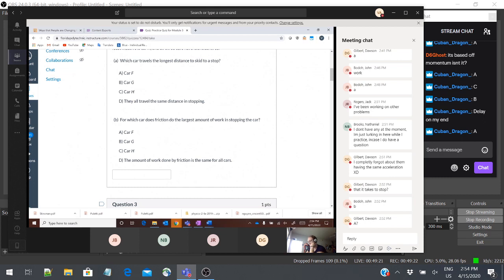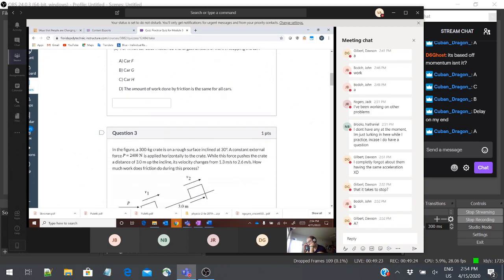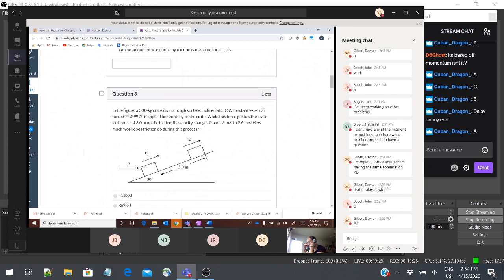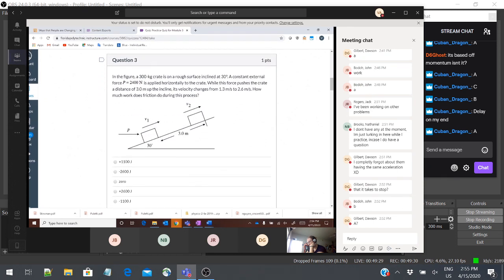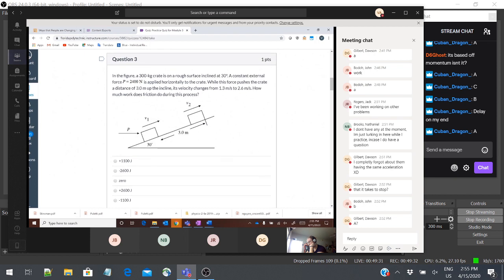All right, let's see if we can find a problem. Ooh, I like this one. This is great. Okay, a crate on a rough surface inclines at an angle. You have an external force applied horizontally to the crate. While this force pushes the crate a distance of 3 meters up the incline, its velocity changes from 1.3 to 2.6.